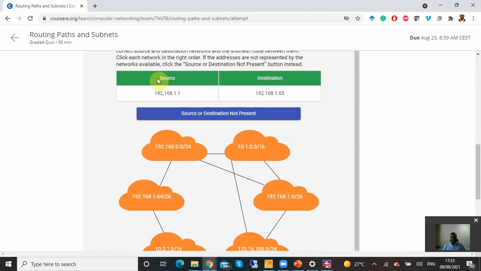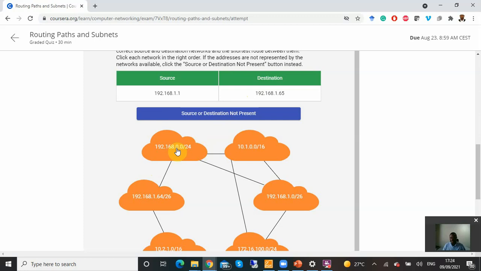For the third one, the source is 192.168.1.1. It's also a class C IPv4 address going to a destination of 192.168.1.65, from class C to class C. Now let's see. 192.168 is 0.